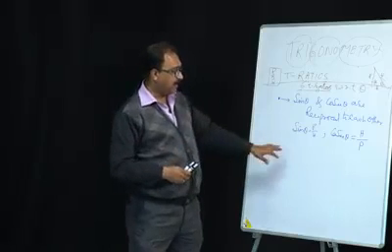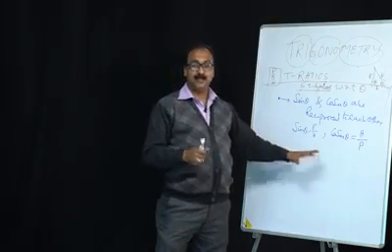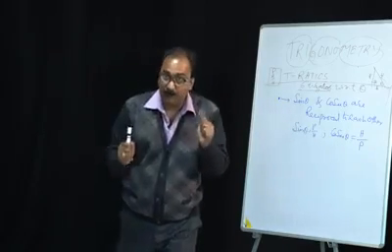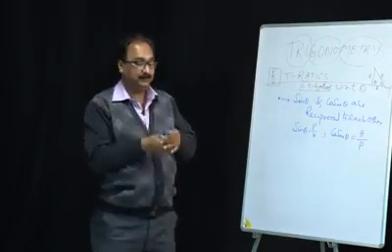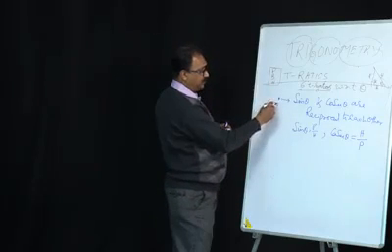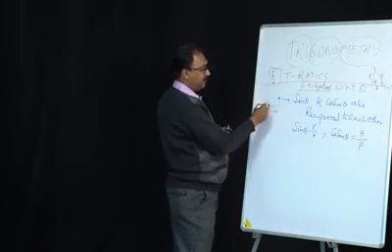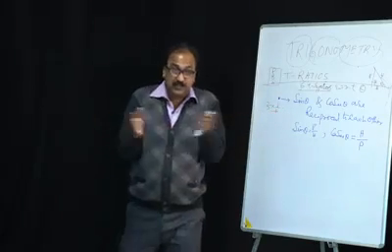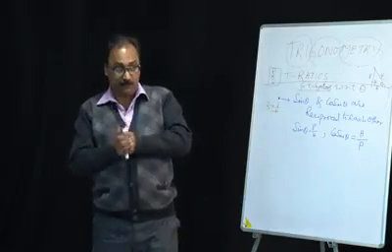Clear? In another way also you can remember this. Like I have given the example, 3's reciprocal is 1 by 3. If I multiply 3 and 1 by 3, what will happen? It becomes 1. So all the reciprocals, if I multiply them, we will get 1.